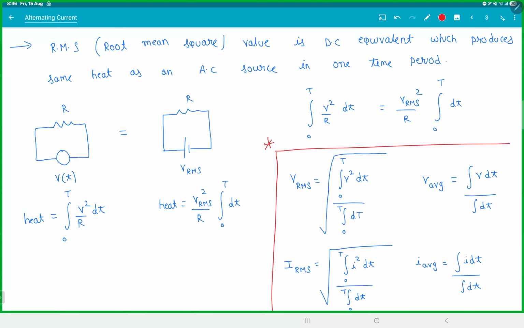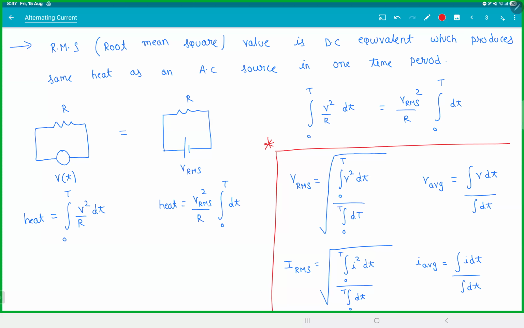And remember, the whole end of the day, the story is you're making the heats equal in one time period. Clear with this?